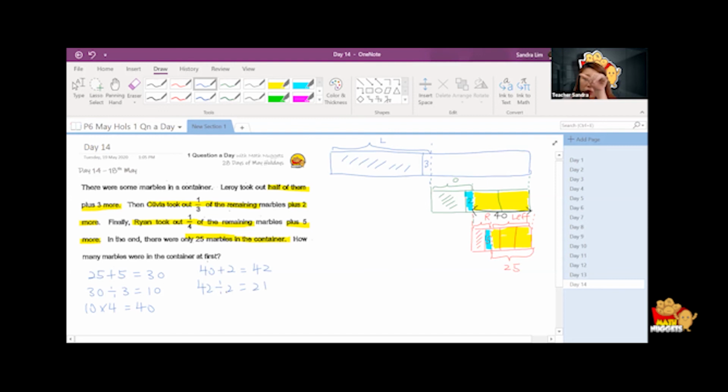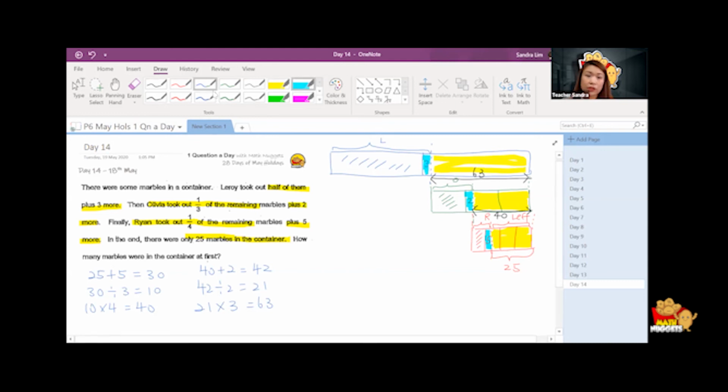Then I need to find the whole of the green part there, the second green bar. So 21 times 3, which is 63. So once again, I'm going to indicate 63 in the model, which is here. Okay, so here is 63. 3 is here.